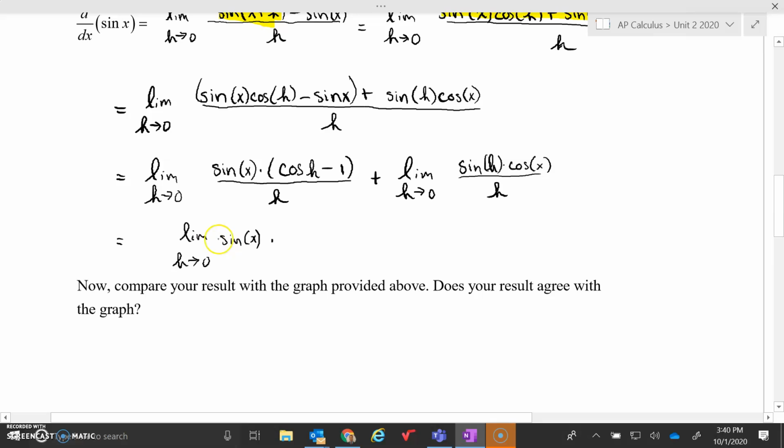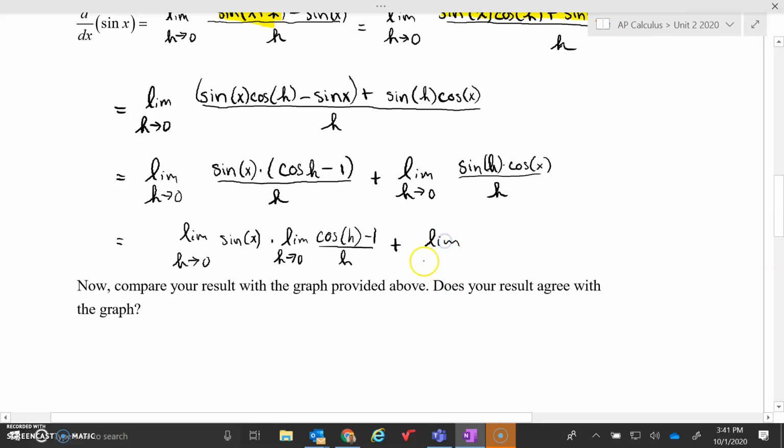Well, that's interesting. The h and the x have nothing to do with each other, so that's just going to be sine x, right? And then I've got the limit as h approaches 0 of cosine h minus 1 over h. And then we're going to say plus, and then here's another product. Remember, the product is just the product of the limits.